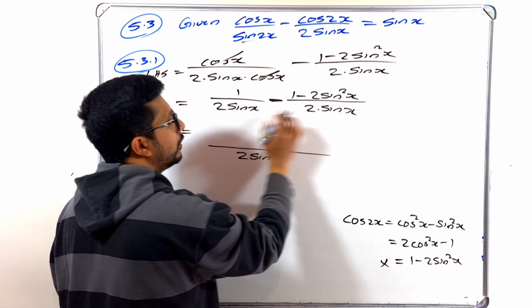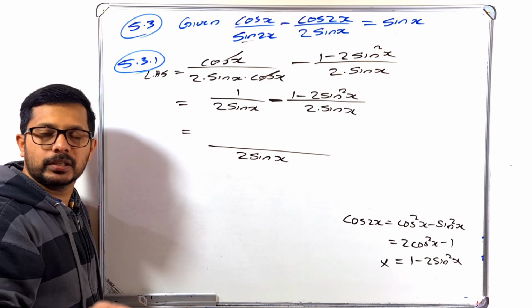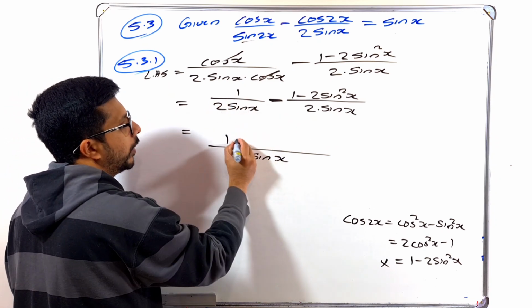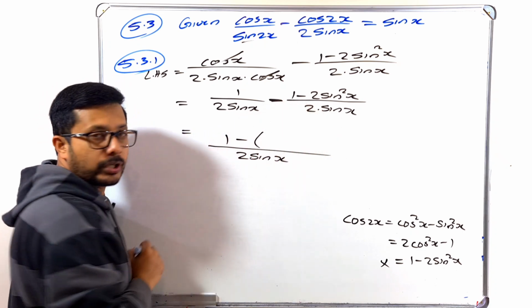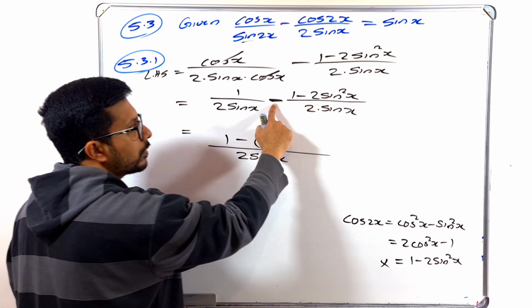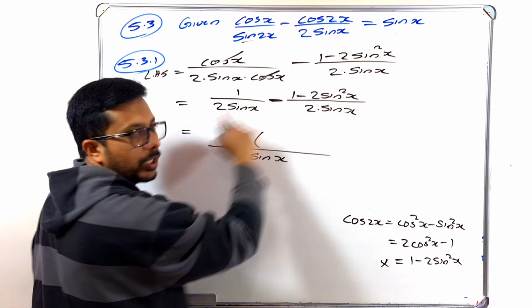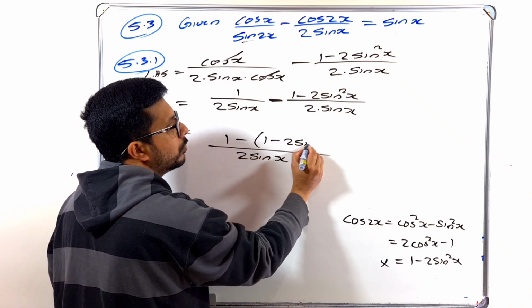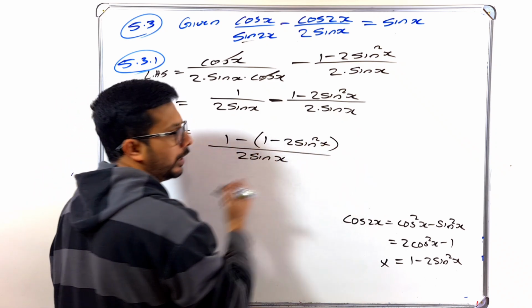Then since the denominators are the same, we can just write the numerator as it is. So it is 1 minus, then don't forget to open a bracket, because this minus is common for both of these terms. So I open a bracket, then 1 minus 2 sin square x.